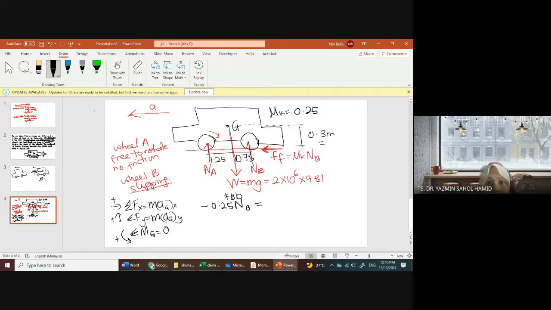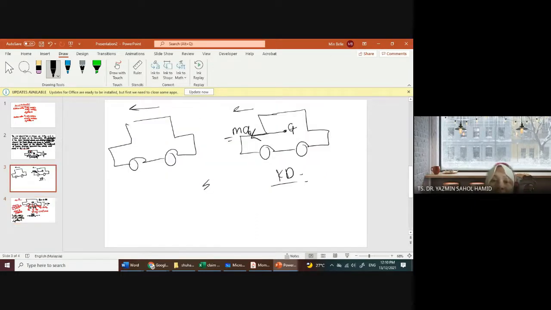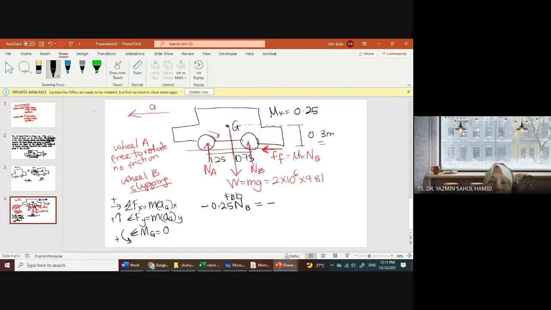So sekarang ni kita punya positif ke kanan. So kita punya MA ni negatif ke positif? Tengok kinetic diagram. Kan kinetic diagram fx kita assume positif ke kanan kan. So sekarang ni kita punya MA ni kan ke kiri. So ini akan equal to negatif MA.